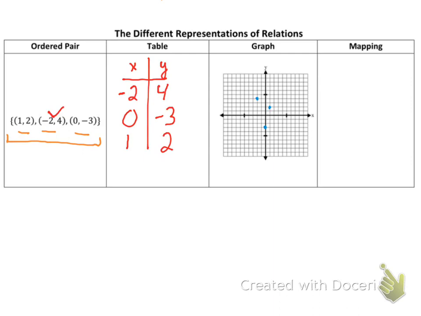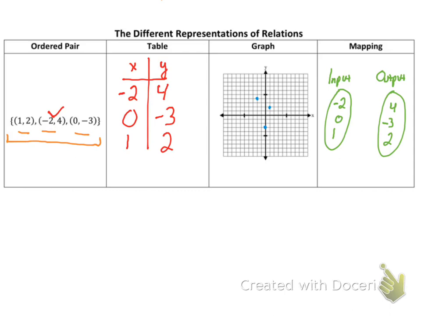Okay? And then the other way to represent these is called a mapping. In a mapping, you've got 2 circles. The first circle is called your input, and it is comprised of all your x values. And then you have another circle, which is called your output, and your output values are going to go in there. So we got 4, -3, and 2.